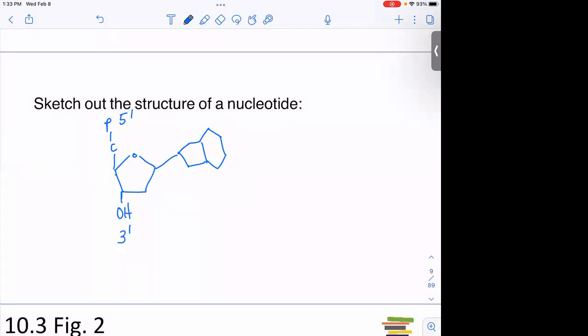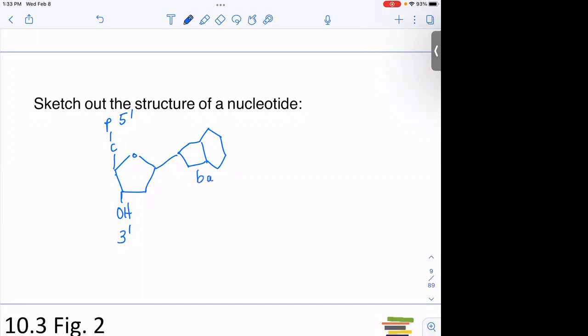Okay, my hope is that you can get to about this level. Maybe you have more detail than that, maybe you had less. But first of all, a nucleotide refers to deoxyribose, the sugar. It's a pentose sugar, meaning 5 carbons. Then there's the base.